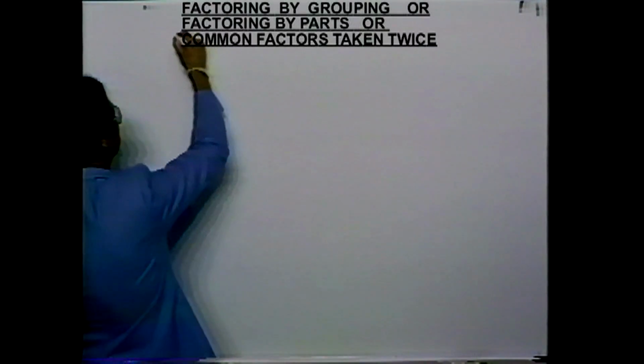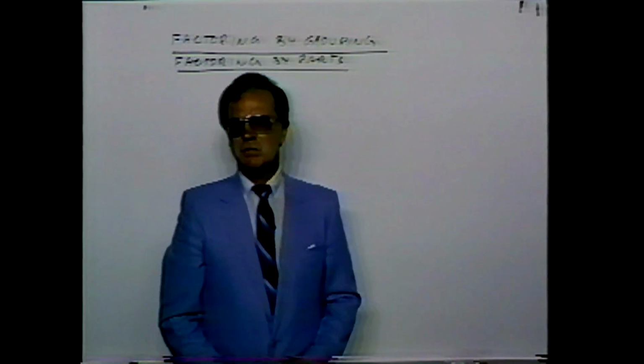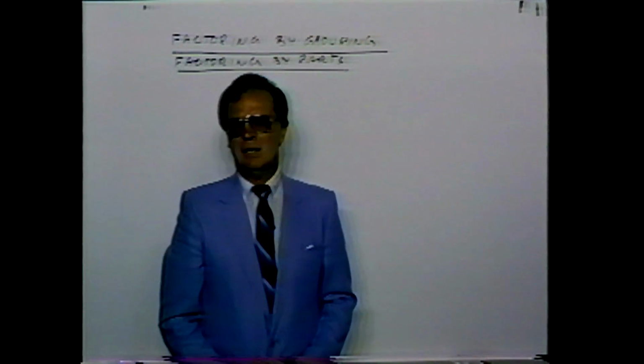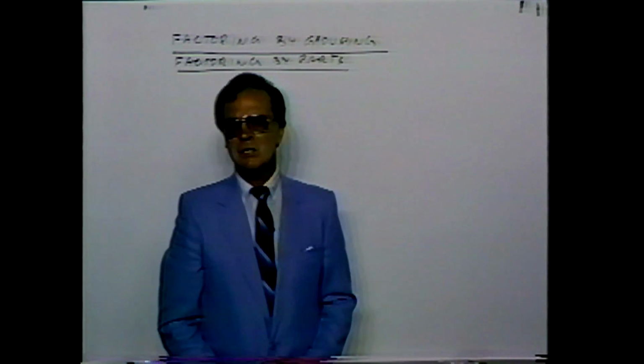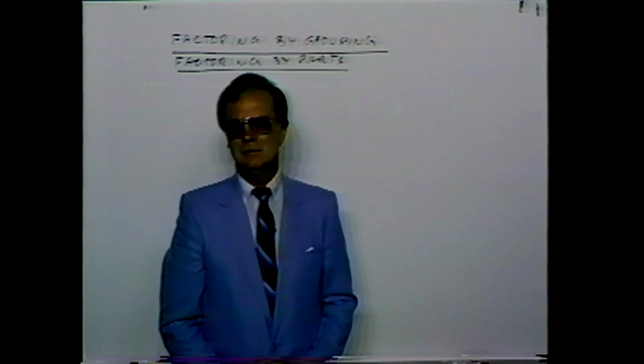The next type is referred to as factoring by grouping or factoring by parts. The expression is split up by using brackets so that familiar factoring methods within the expression can be identified.